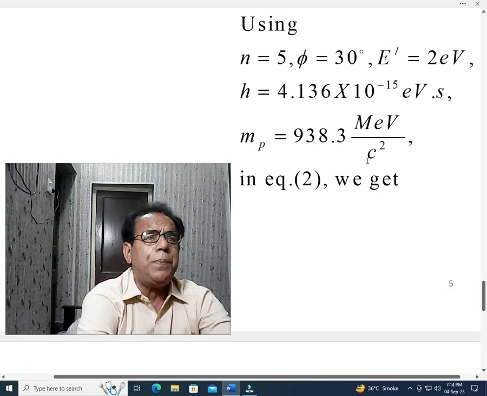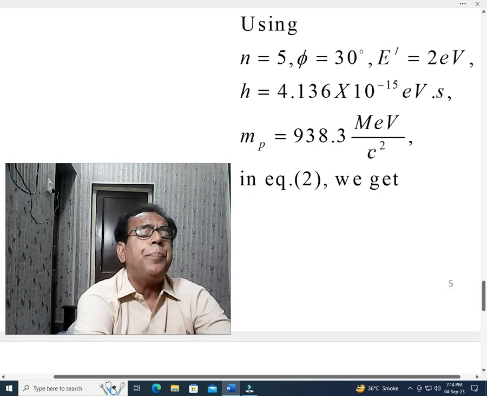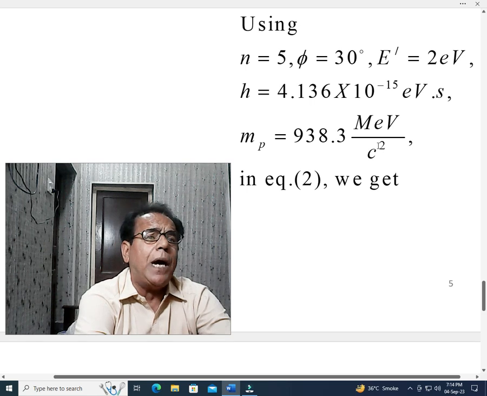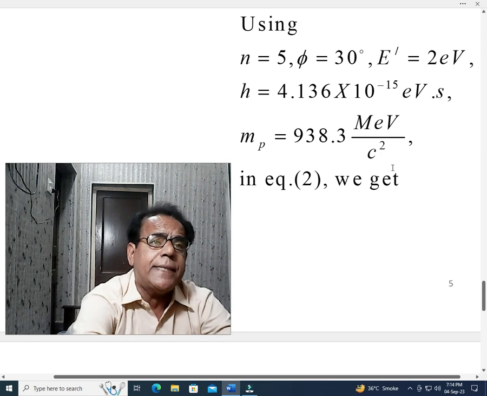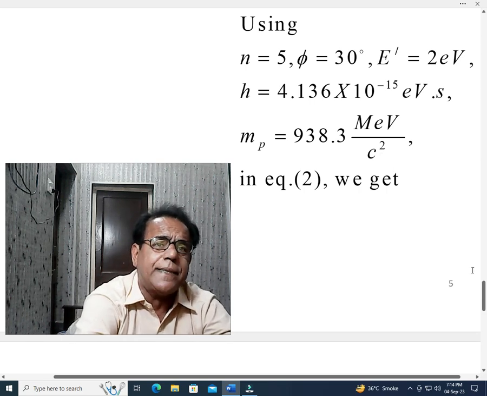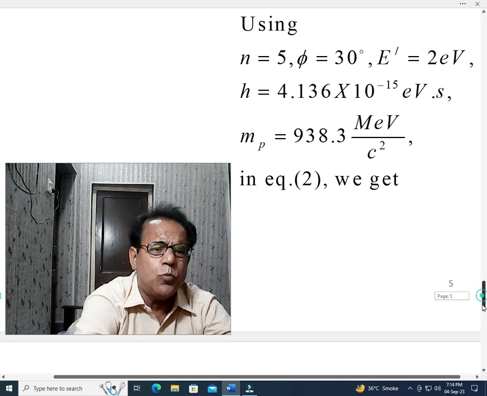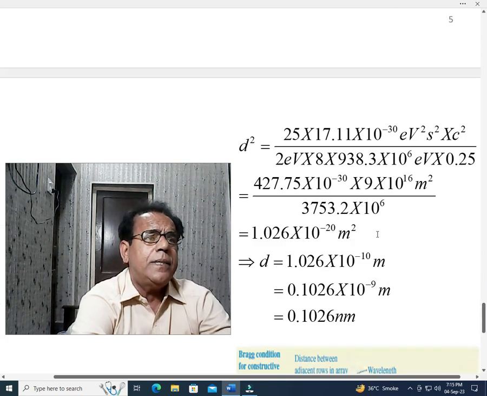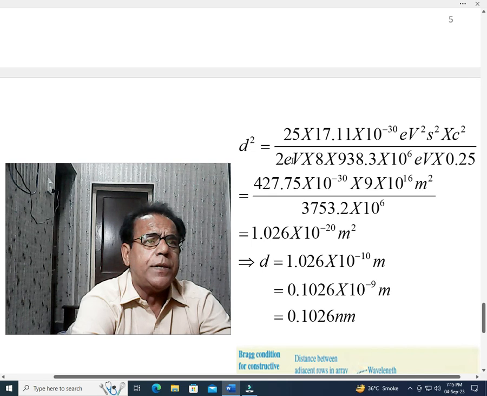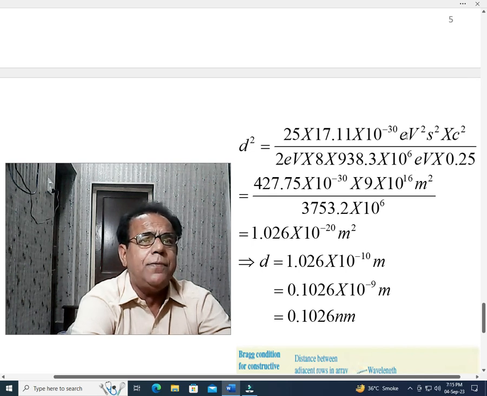Actually, in place of c square we can use 3 into 10 raised to the power 8 meter per second, and c square will be equal to 9 into 10 raised to the power 16 meter square per second square. This is quite obvious. Moreover, electron volt square will be cancelled, because electron volt is this and this is electron volt square, and this square will be cancelled with this.